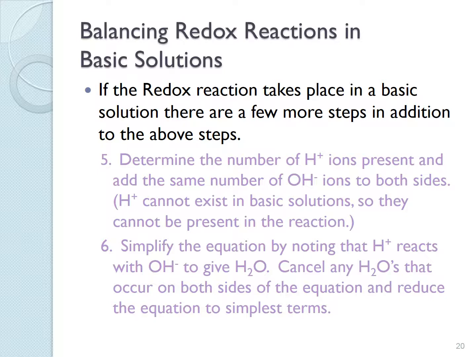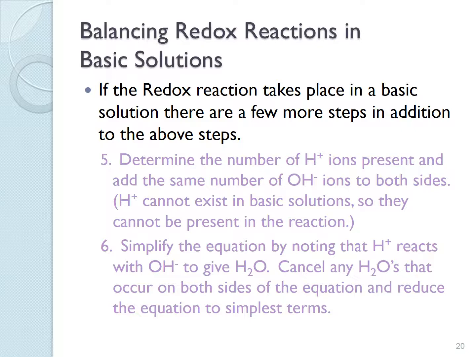Because we already have a balanced equation, we're going to add OH- to both sides of the equation. The number is going to be equal to whatever the H+ is. So let's say we had 5 H+ on the left, we're going to add 5 OH- on the left. And then we're going to keep it balanced, add 5 OH- on the right. Now on the left hand side, 5 H+ plus 5 OH- combine to give us 5 waters.